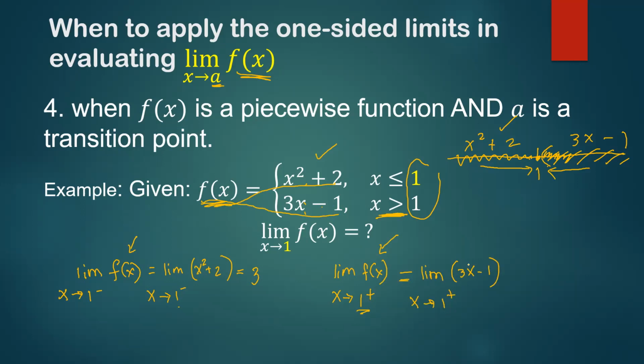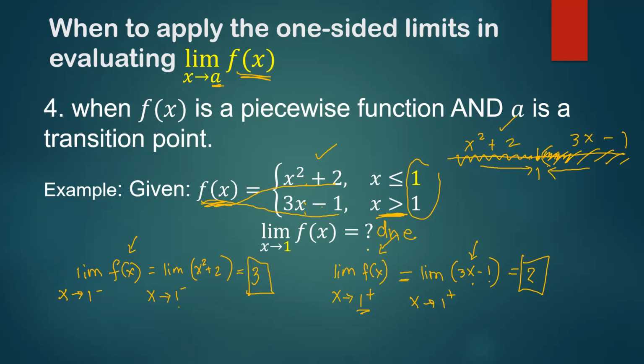And it's practical to just substitute the 1 here. 3 times 1 is 3, minus 1 is equal to 2. Okay, so since these two values are not equal, we say the limit of f of x as x approaches 1 without the direction or superscript, quote-unquote, does not exist.